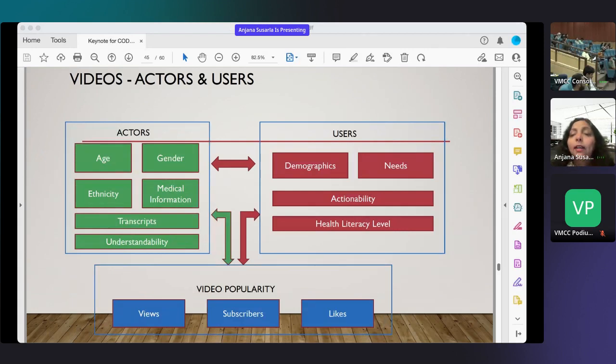We are building on the previous work by identifying characteristics of people featured in the videos, and the demographic characteristics of users who are subscribing to the videos, which we can only get at an aggregate level. We can also look at the readability index and the health literacy level of the content creators from the metadata of the video channel posting the video and so forth. These are all the information that we can try to get.